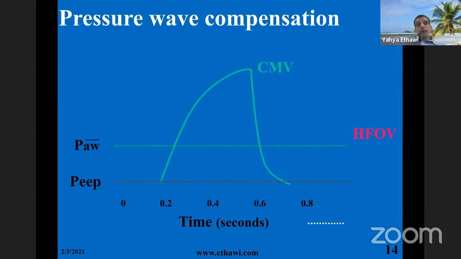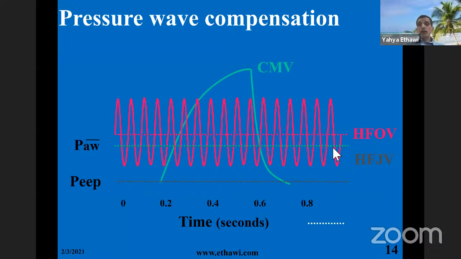If we look at CMV, we have a PEEP, we have the PIP, and we have the mean airway pressure. In the ventilator, the mean airway pressure is a little bit above the PEEP, by 1 to 2 centimeters.